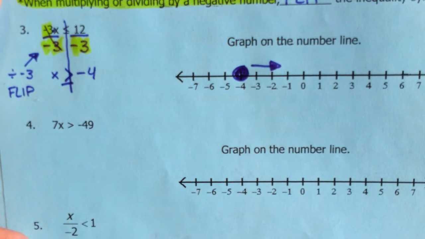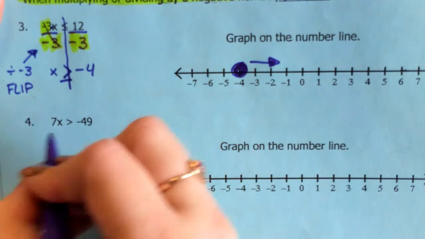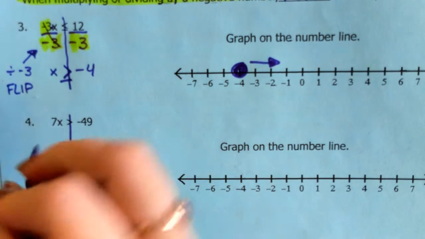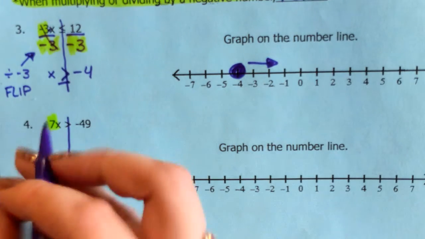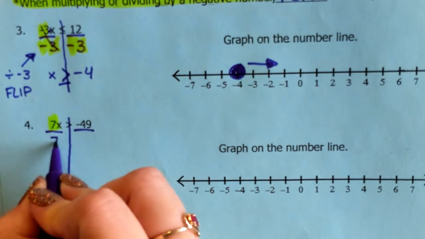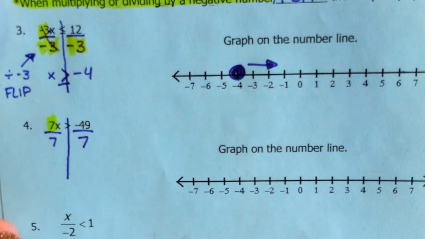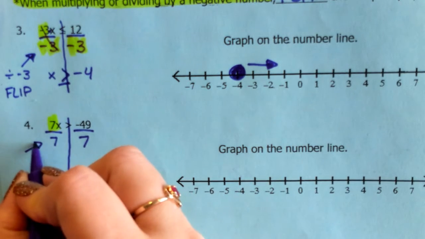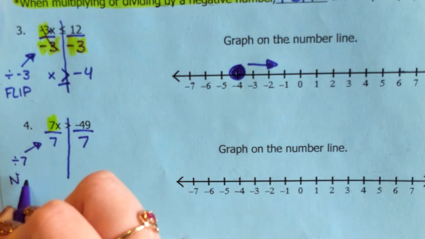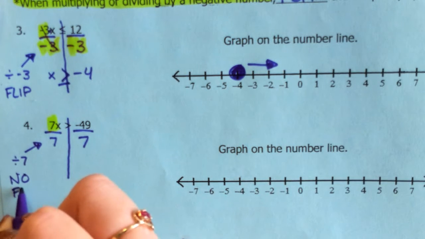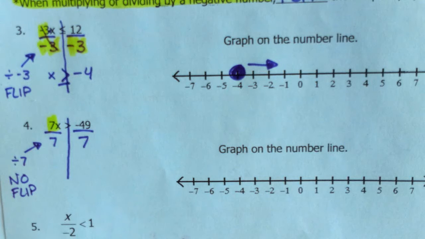Let's look at the difference between this one and number 4. Number 4, the coefficient is 7. I'm going to divide both sides by 7. Again, what I was doing there is I divided by 7, so I do not need to flip. I divided by a positive 7.